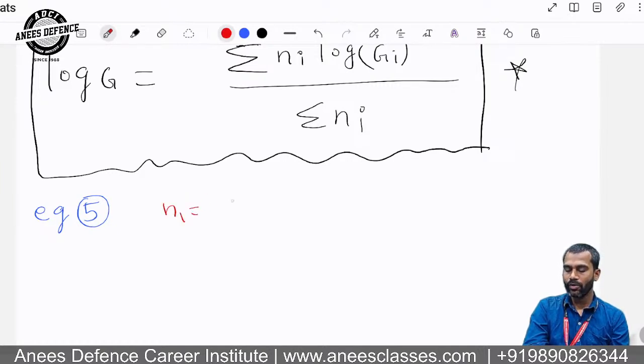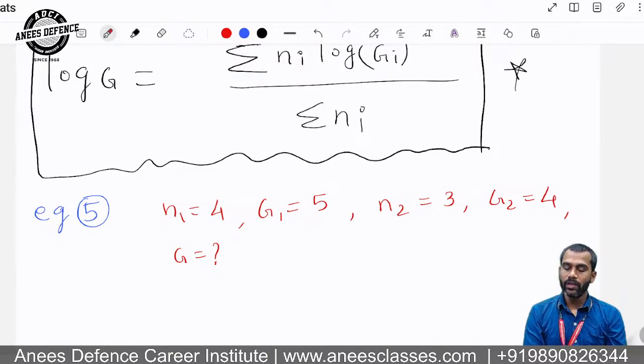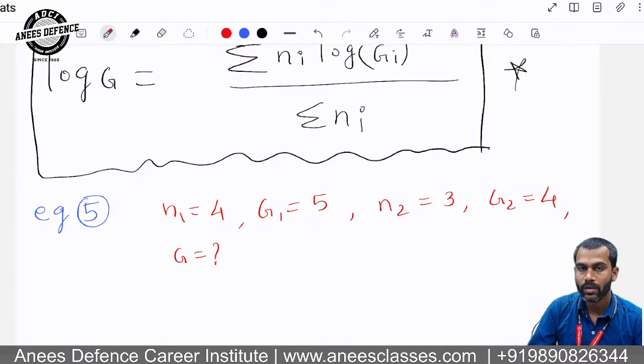N1 is equal to 4 observations in the first group, and G1 is, let's say, 5, and the number of observations in the second group is 3, and G2 is, let's say, 4, and you need to find out G. I hope you understood the question. There are two groups, N1, G1, N2, G2 are given. You need to find out G, which is the combined mean for both the groups.